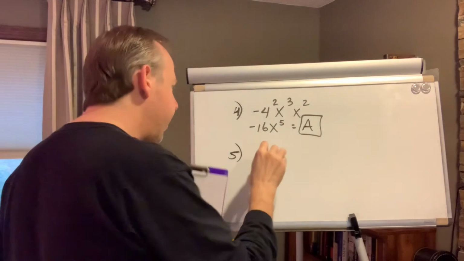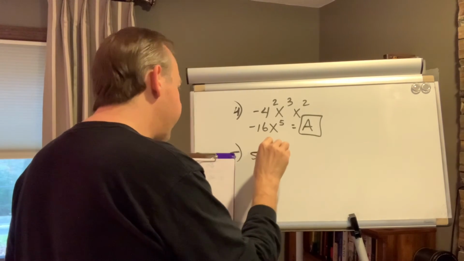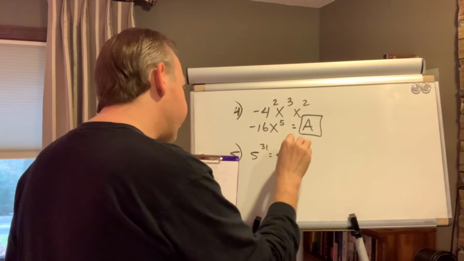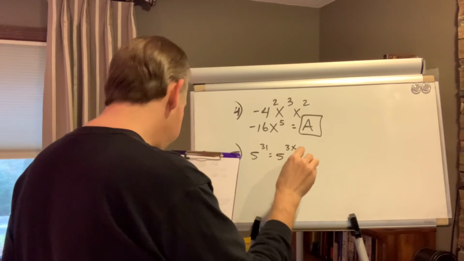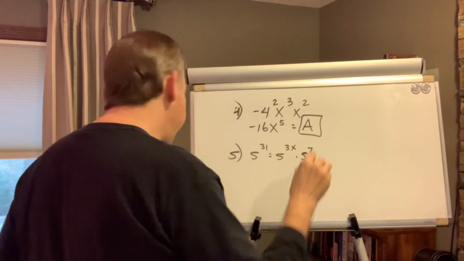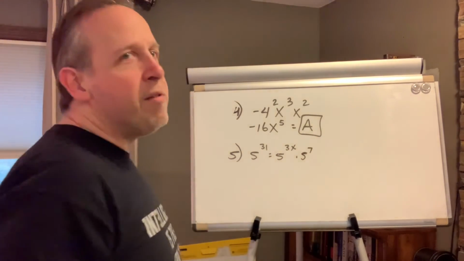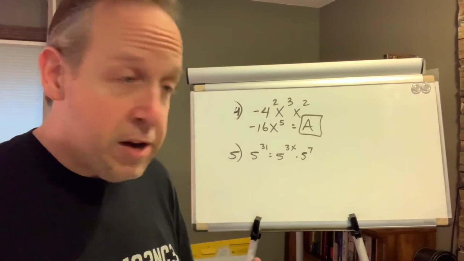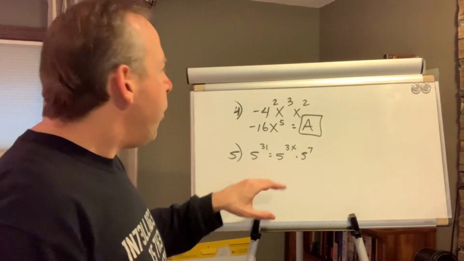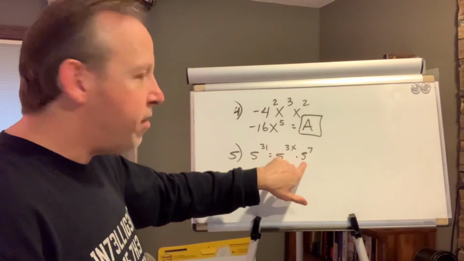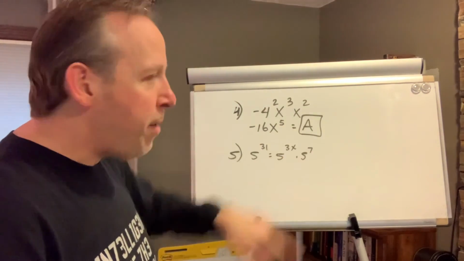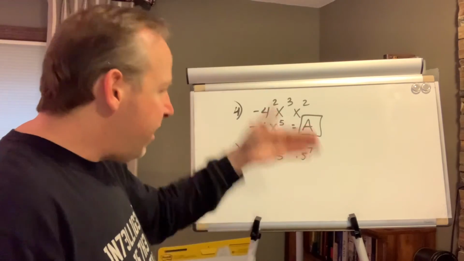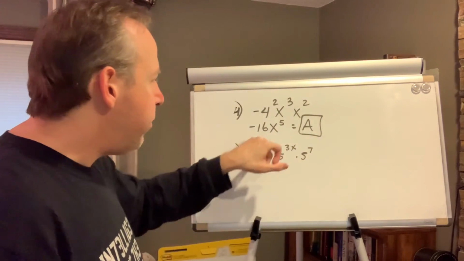Number 5 again, 5 to the 31st power equals 5 to the 3x times 5 to the 7. Please do not evaluate 5 to the 31st power. It's huge, and that's not the point here. The point is, when you have the product of the same base, you add the powers together, and it gives you that base to that power.